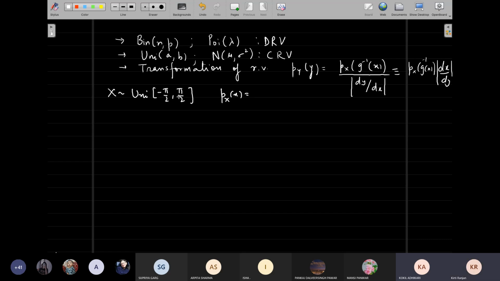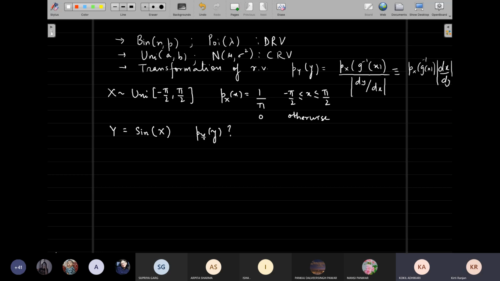It is 1 over pi, between minus pi by 2 less than or equal to x less than or equal to pi by 2, and 0 otherwise. Right. And let y be a random variable which is related with this x using the function sin x. We want to find out the PDF of y.